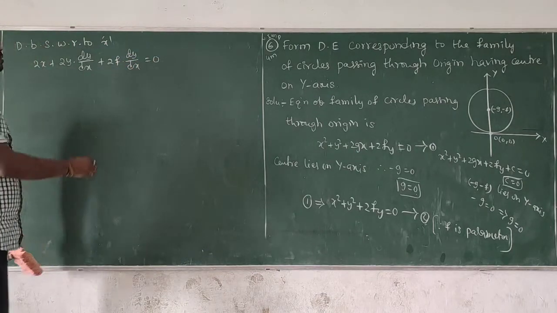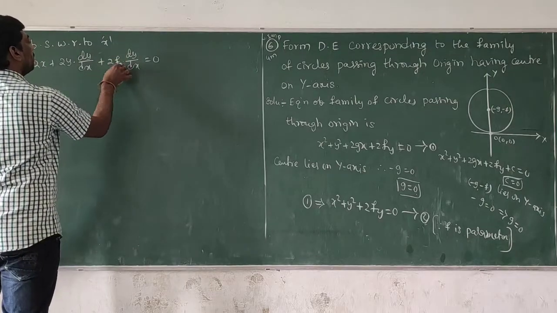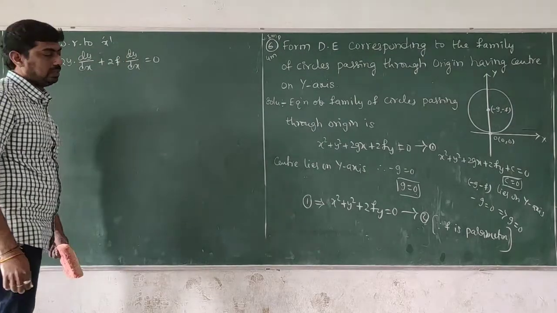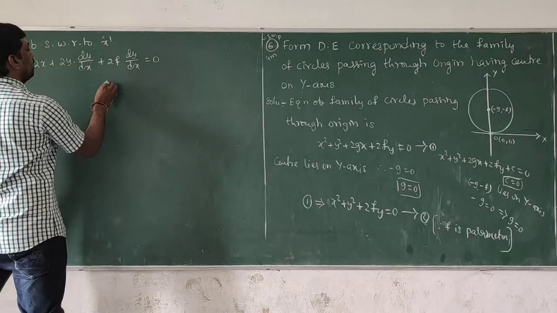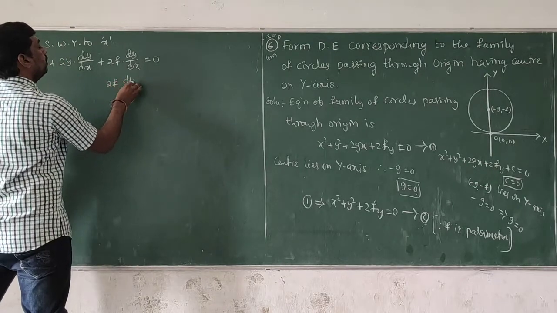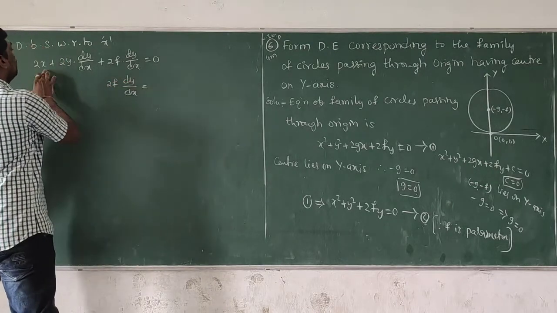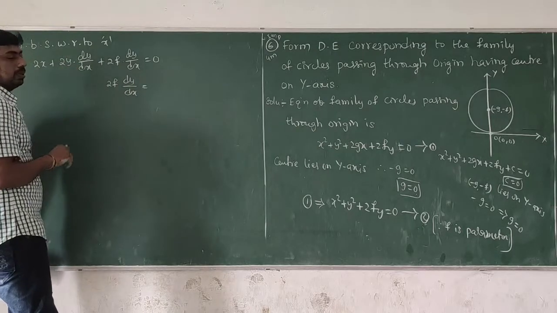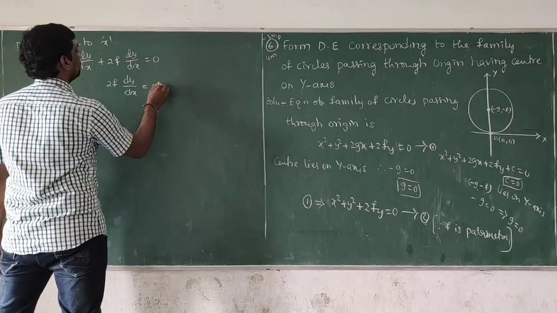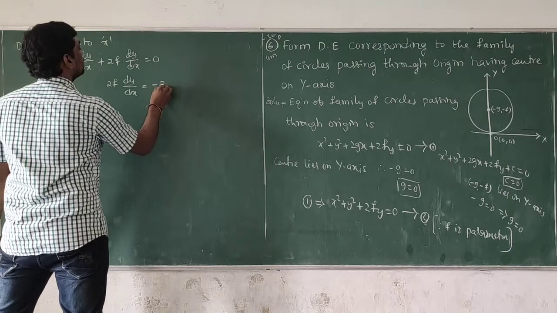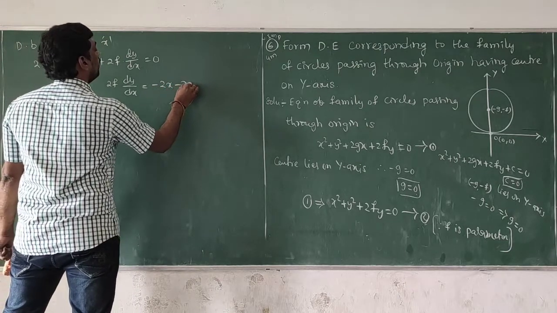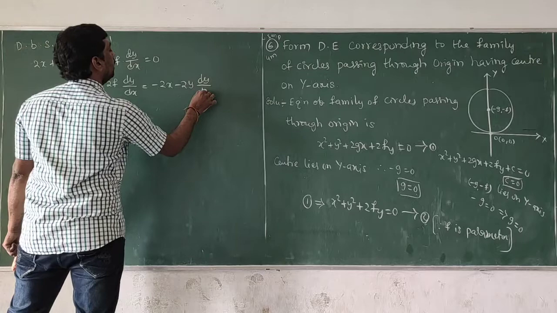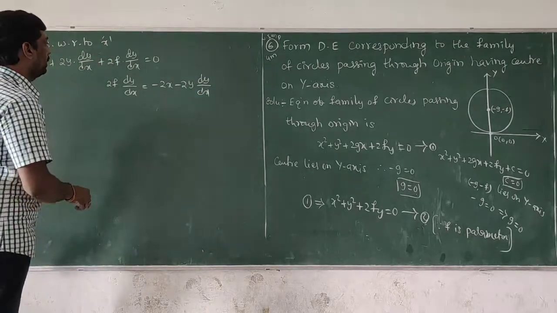We need to eliminate the parameter from this equation, then only we get the differential equation. From this, 2f into dy by dx equals, taking these two positive terms to the opposite side, minus 2x minus 2y into dy by dx. Is it clear? Right.